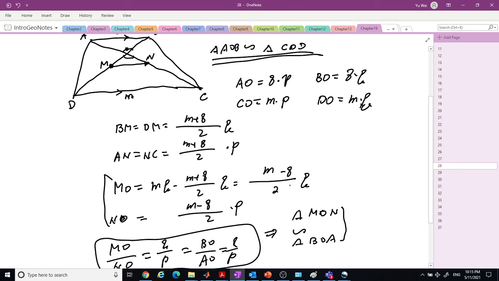Then this angle equals this angle, so MN is parallel to AB.